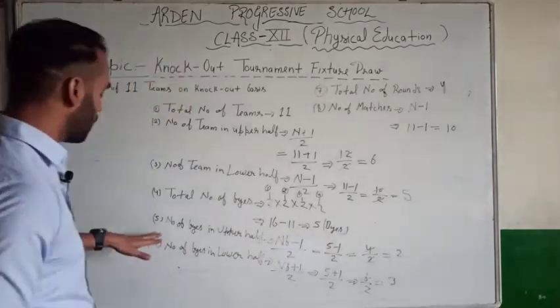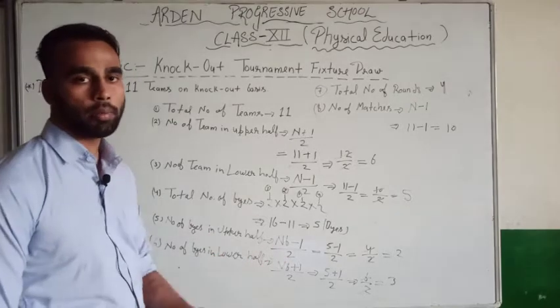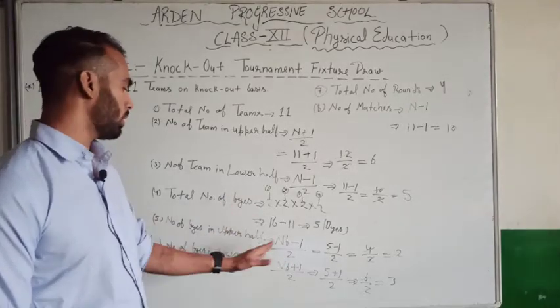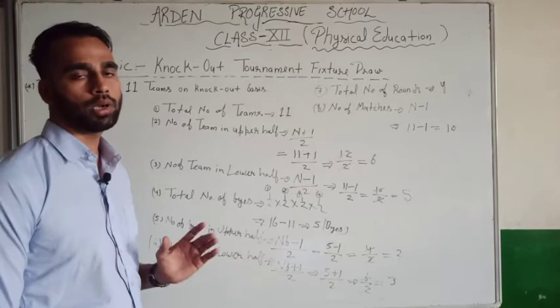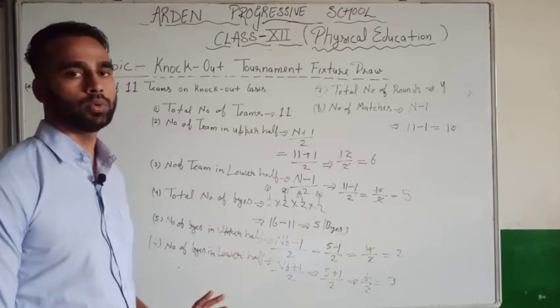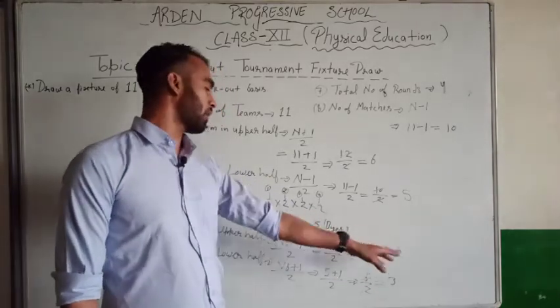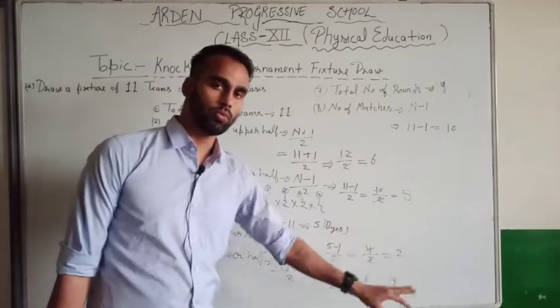Step 5 is the number of byes in the upper half. The formula is nb minus 1 upon 2, where nb means number of byes. So in the upper half the total number of byes is 2.